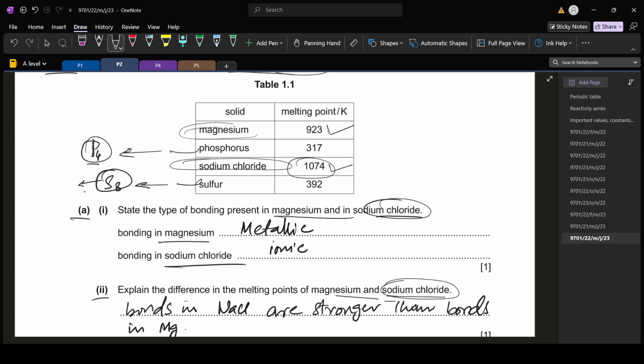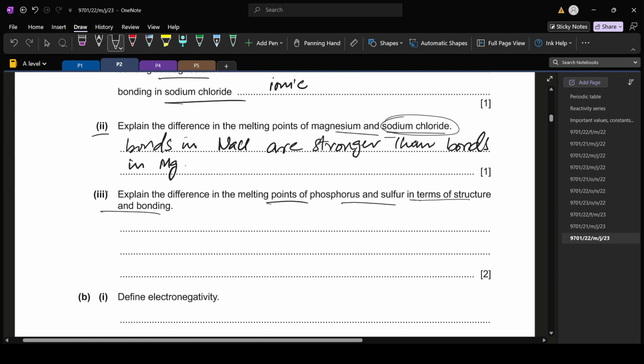If there are more electrons, then it will have more induced dipole forces. So this molecule will have a higher melting point. It will require more energy than phosphorus. That's the difference you have to explain.